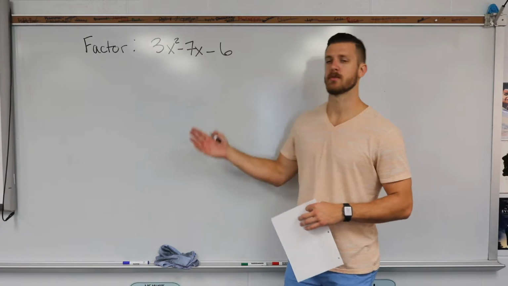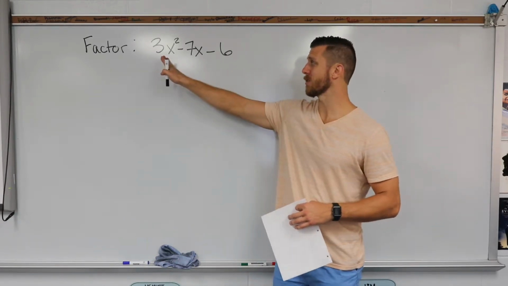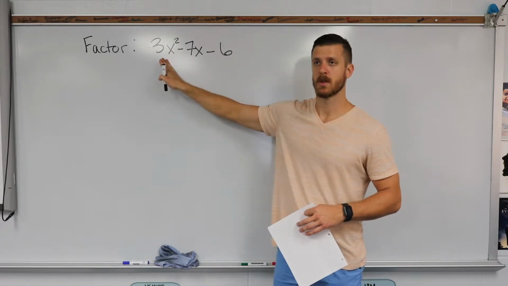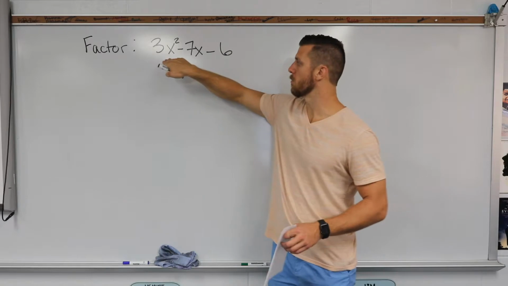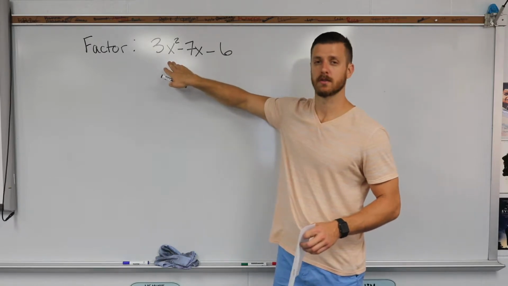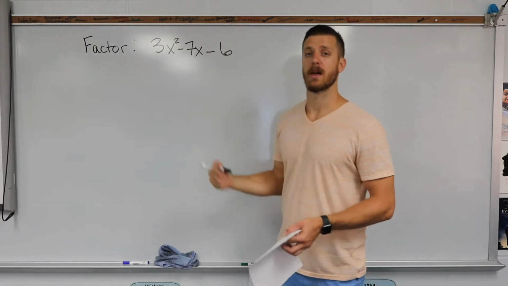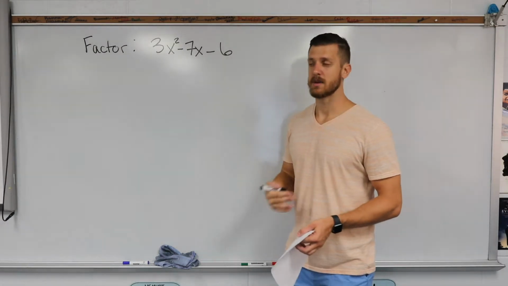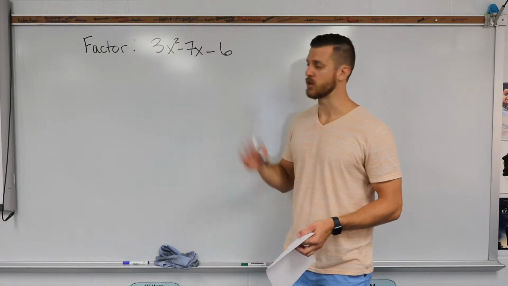A lot of people like to use the box when you do quadratics. If it's anything bigger than a quadratic, like a cubic or quartic, we'll use division, and that's later on. But for factoring, I'm going to do the box first because that's what we're more comfortable with, and then I'm going to show you another method. It's kind of a guess and check, but it's still kind of systematic, kind of like the box, and you can see how they're related.